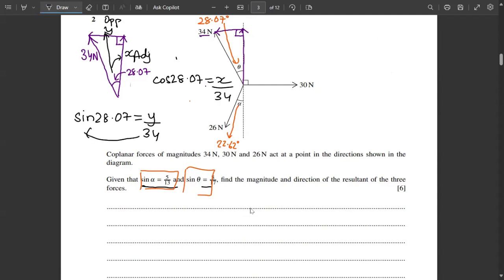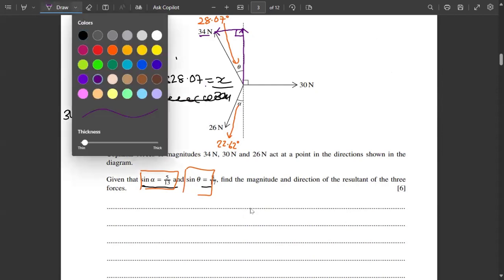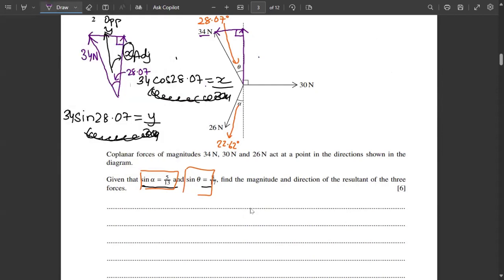Now this 34 will go up, which will become 34 sine 28.07, and this 34 will go up, which will become 34 cos 28.07, and this x, which is the upward arrow, is 34 cos 28.07. So let us rewrite it here. This will become 34 cos 28.07. And let me erase this.